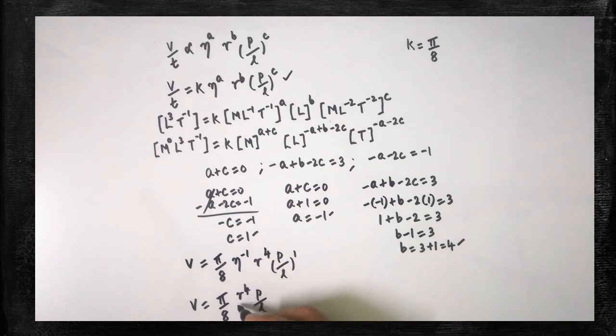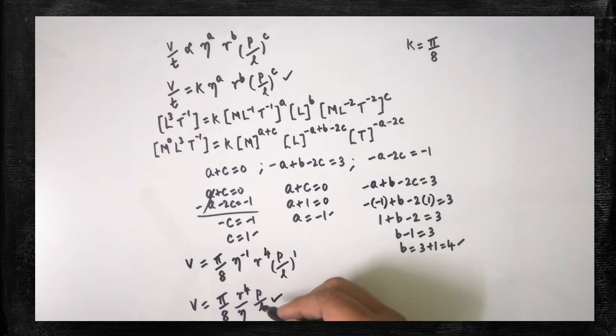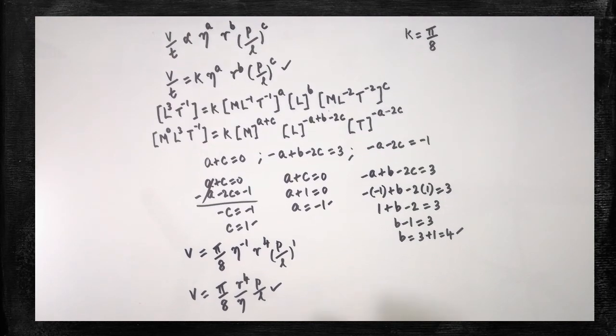Eta alone is to be brought down. So this equation is called what? Poisson equation. V is equal to pi by 8 r power of 4 P by eta L. By using this expression, we are able to measure the volume of liquid flowing per second through the capillary tube.